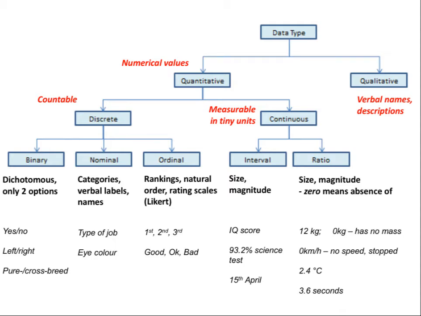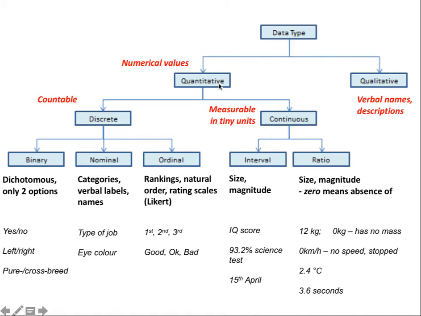here we have a nice flowchart of the different types of data that we encounter. We have already looked at qualitative and quantitative, and those being discrete and continuous, but it's also worth having a look at the subtypes, those being binary, nominal, ordinal, that are part of the discrete classification, or interval and ratio, which is generally what we will encounter in day-to-day lives and in terms of graphing that sort of data.